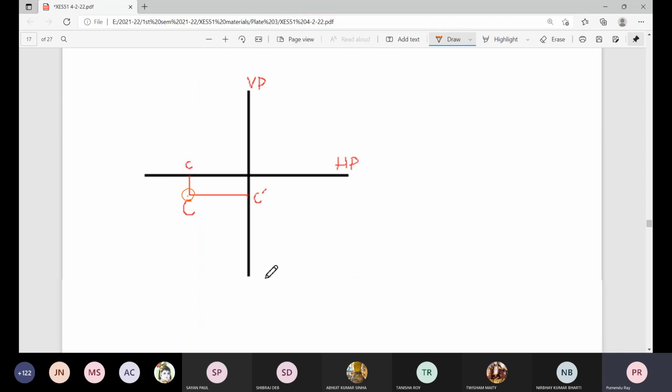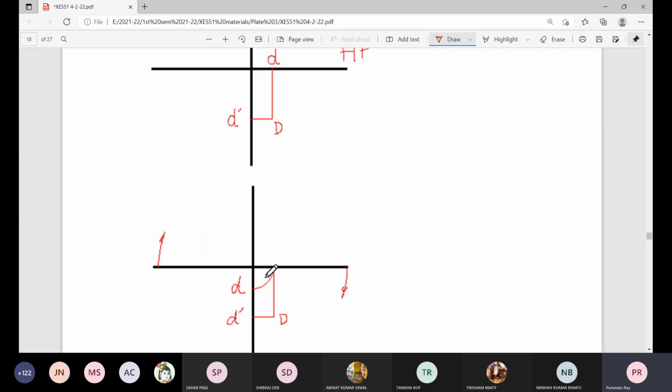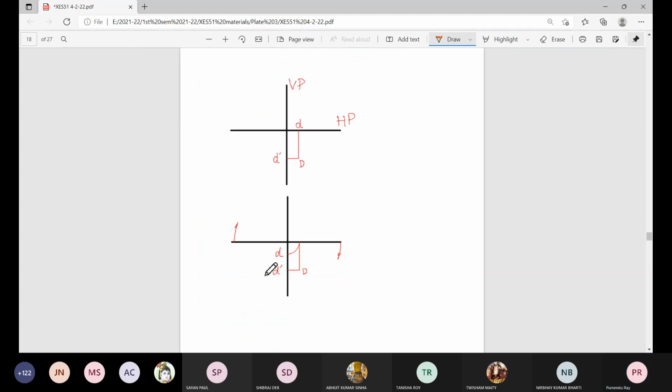And the last one is the fourth quadrant position. D is here. This is the view from top projected on this horizontal plane, small d. This is the elevation, d prime, that is below the horizontal plane and in front of the vertical plane. Now the horizontal plane you need to rotate through 90 degrees so that the 3D presentation comes in the form of a 2D representation.